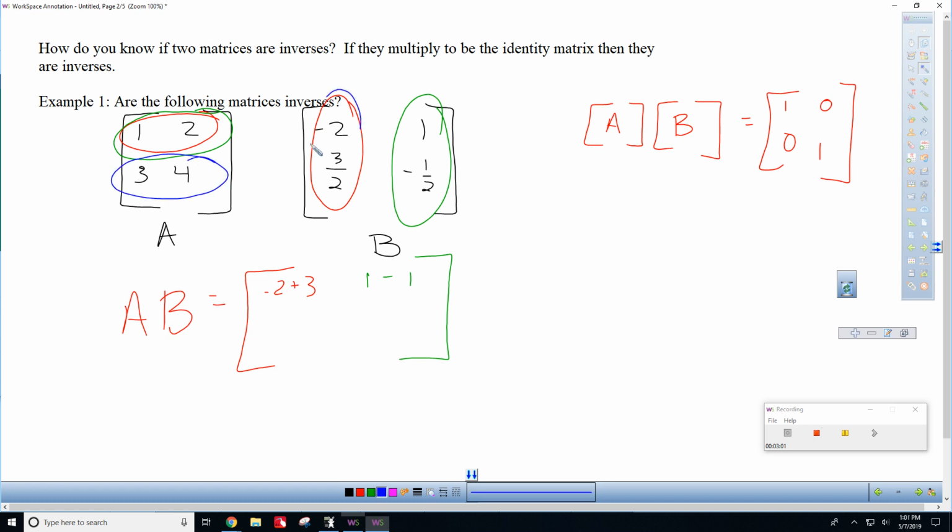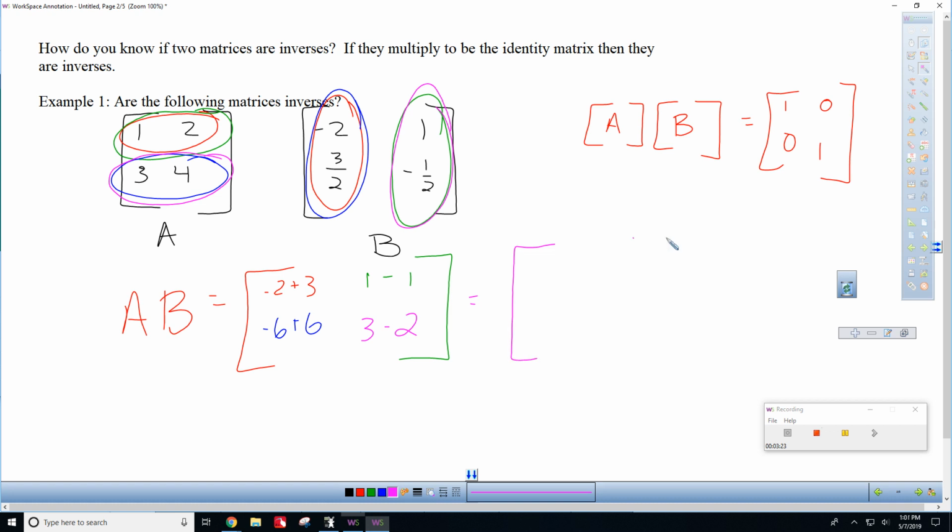That row by that column, we get a -6. 4 times 3/2, sweet, that is a 6. And finally, that by that, 3 times 1 is 3. 4 times -1/2 is a -2.